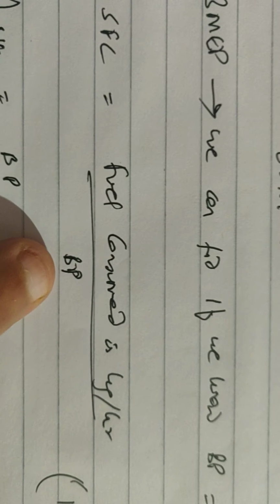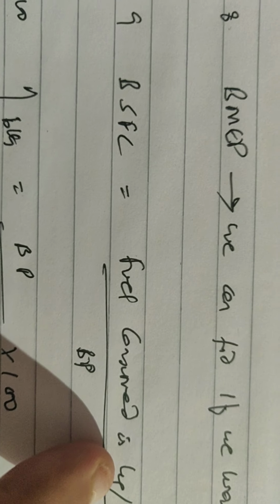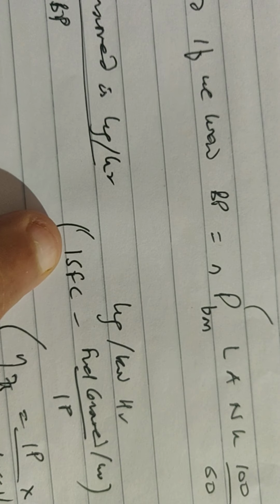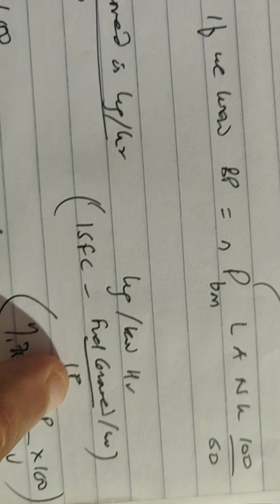Brake specific fuel consumption, SFC. Whenever SFC comes, then it is the fuel consumed in kg per hour divided by BP. So this you have to see. When there is specific fuel consumption, it means so many kgs per kilowatt hour. And if it is indicated, then instead of brake power, it will be indicated power at the bottom.